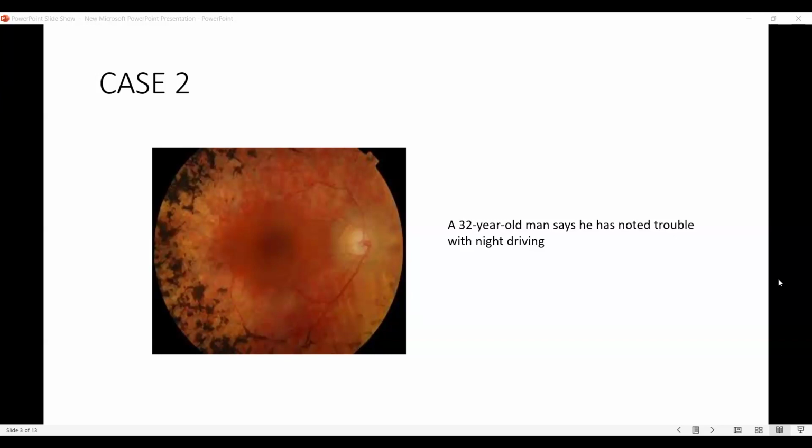Then anything else to management? Madam, I would like to know the vision of this patient. It could be less than 6/60. I would like to give him the option of a low visual aids trial regarding distance and near.